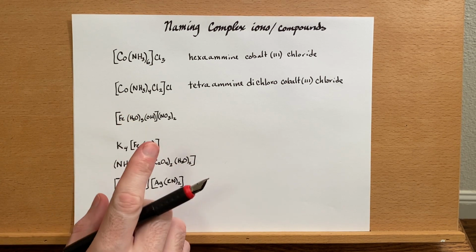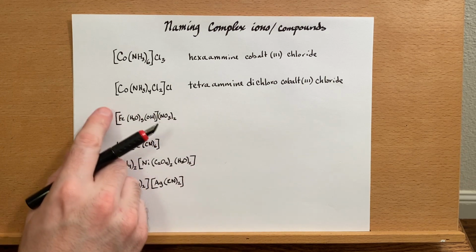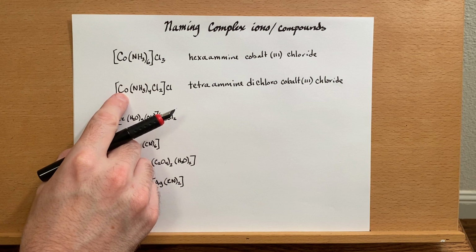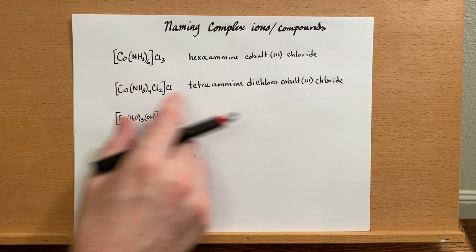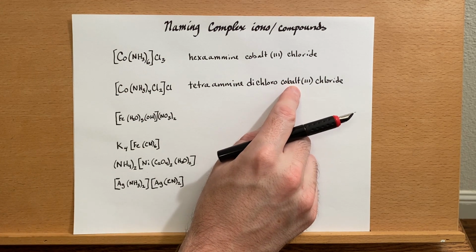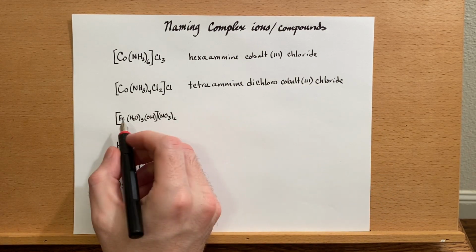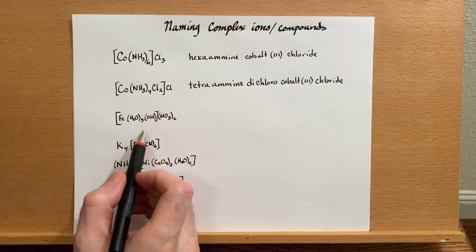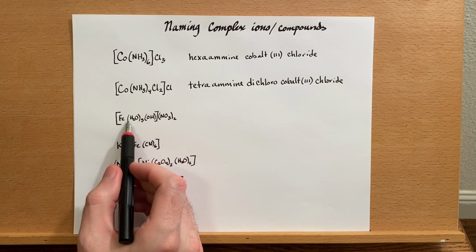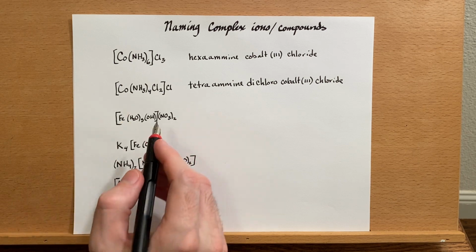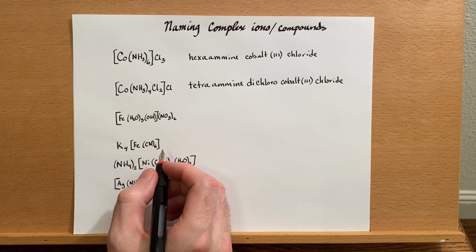Oh, and also notice that when we're writing the complex, we always write the metal first, but when we're writing the name, we always write it after the ligands. It's just how it's done. So here we have 5 waters as ligands and 1 hydroxide. Now, when water is a ligand, it's called aqua, A-Q-U-A.